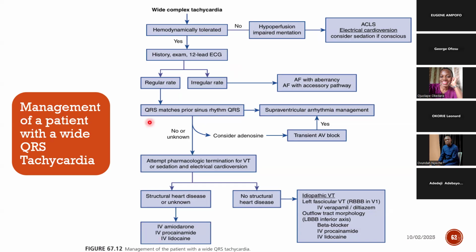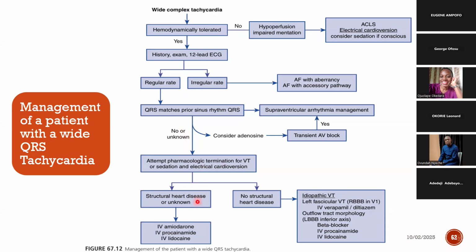We look at the QRS complexes, whether they match prior sinus rhythm. If the QRS complexes do not match prior sinus rhythm or it is unknown, then we should attempt pharmacological termination for VT, or we sedate and consider electrical cardioversion.